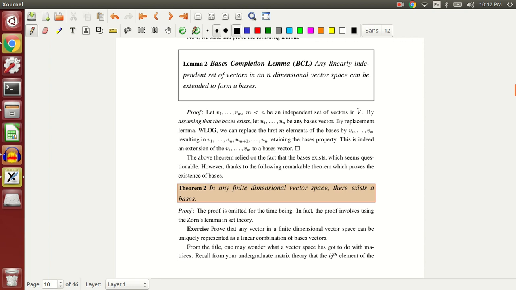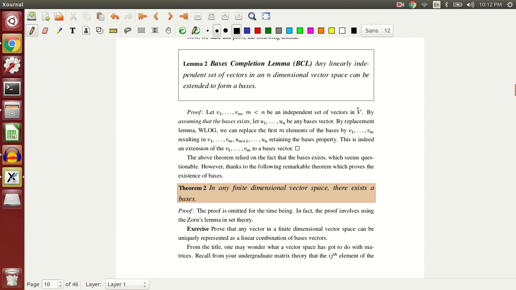Okay, how do we prove this? We have a bunch of vectors, v1 to vm, m is less than n. Let that be an independent set of vectors in vector space V. By assuming that the basis exists, okay, basis always exists.